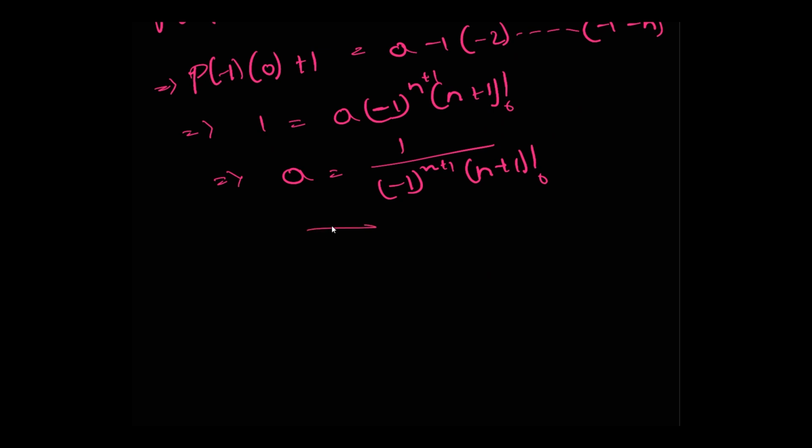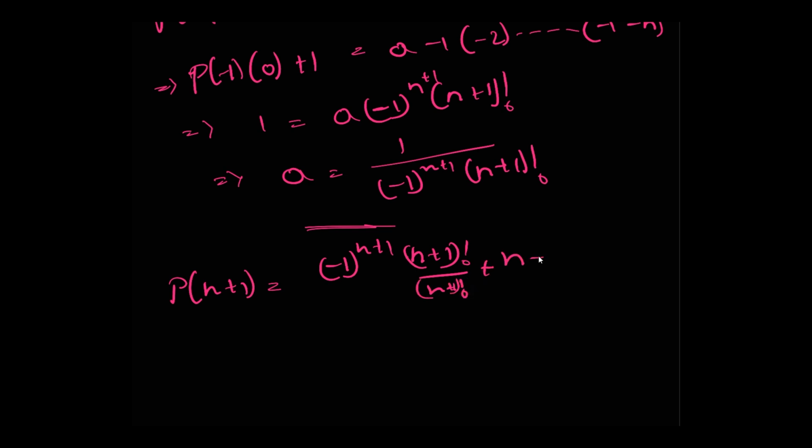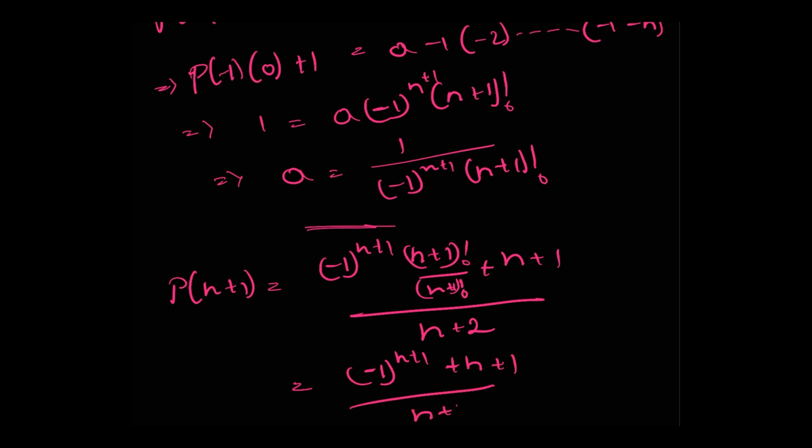Now substitute the value of a in p of n plus 1. We get minus 1 whole power n plus 1 into n plus 1 factorial by n plus 1 factorial, plus n plus 1 by n plus 2. That equals minus 1 whole power n plus 1 plus n plus 1 by n plus 2.